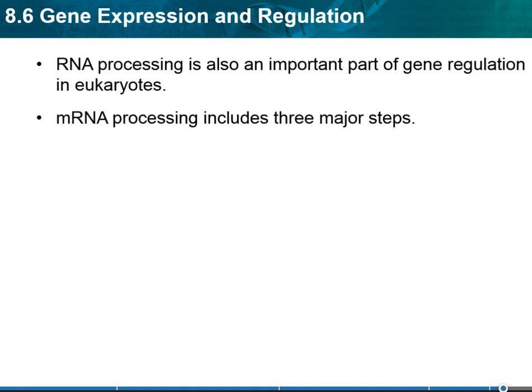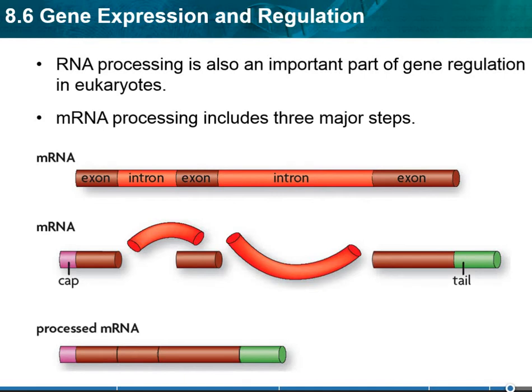The mRNA processing includes 3 major steps. When the messenger RNA copies from the DNA, it has stuff that it doesn't need. Those parts it does not need are called introns, and that's what you see right there and there. The parts that it needs are the exons.